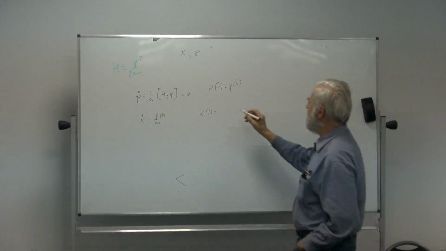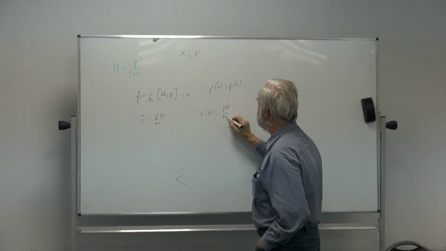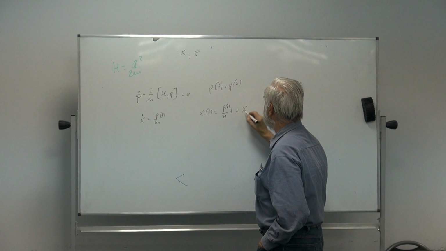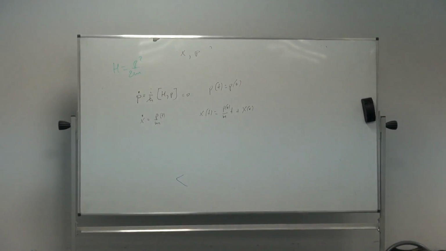So it is p of 0 over m times t, plus, of course, the initial x. If you don't know what I'm heading to, you could think that I'm completely stupid because I'm trying to tell you trivialities. Almost.